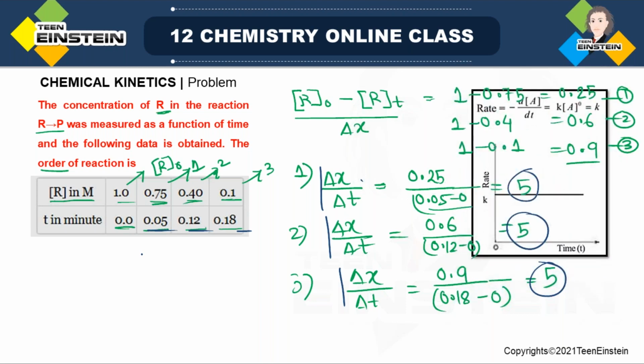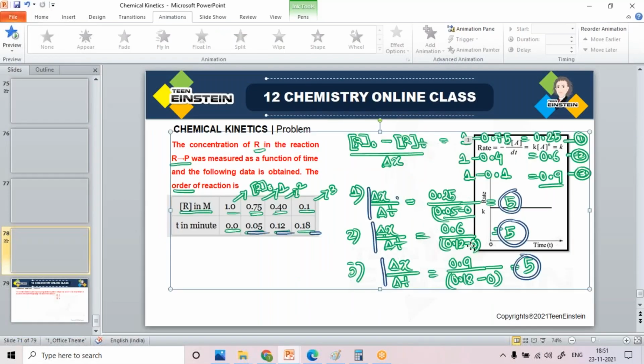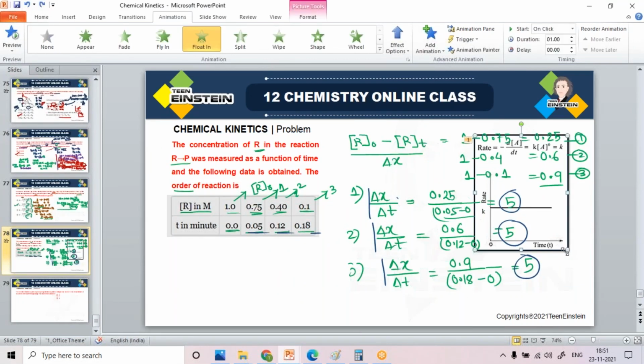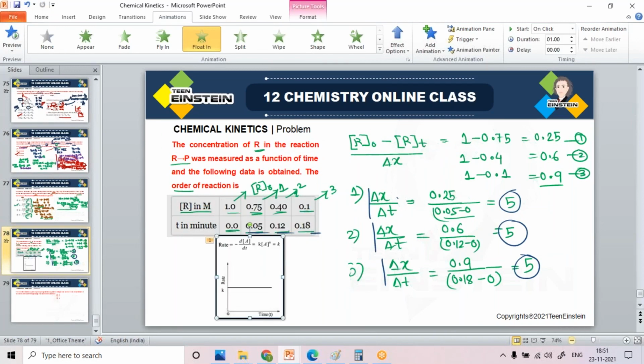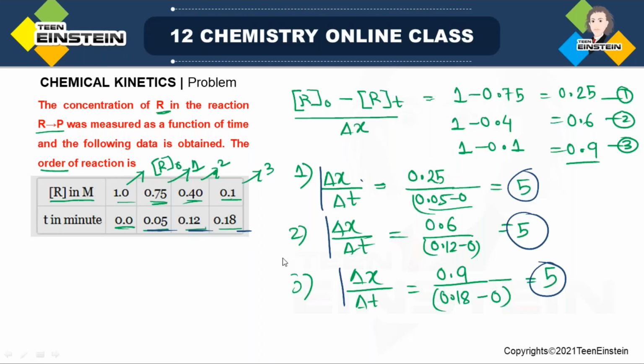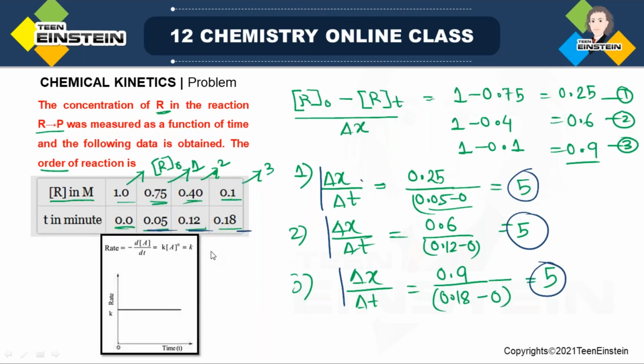So remember this graph. See here, the nature of the graph is rate is minus dA/dt, that is actually del x by del t, which is equal to a constant. And this is possible only when the order is 0.